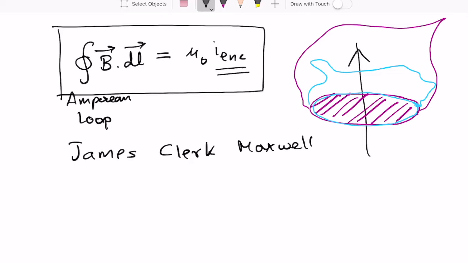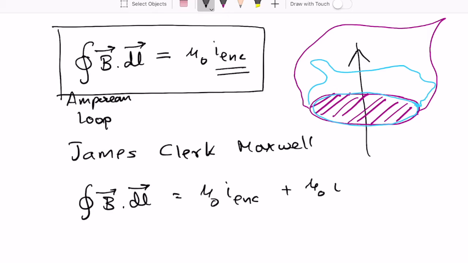So Maxwell noticed that in order to mathematically fix this equation, you have to add one more term to it. And so the fixed equation, the mathematically consistent form, looks like this. B dot dl is equal to mu0 I enclosed, and then you have to add another term, which for short is written as mu0 id enclosed.